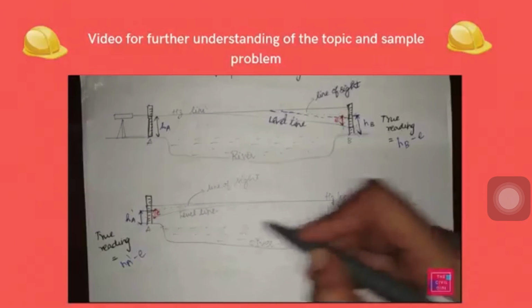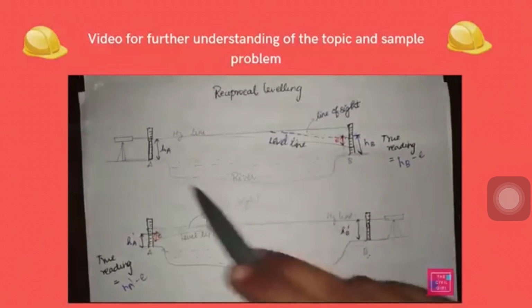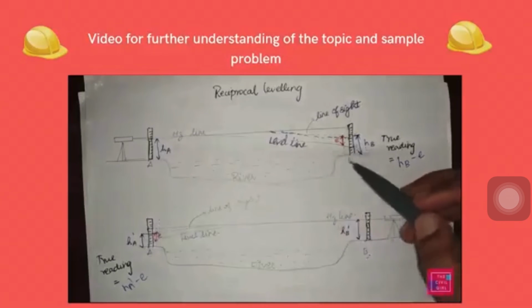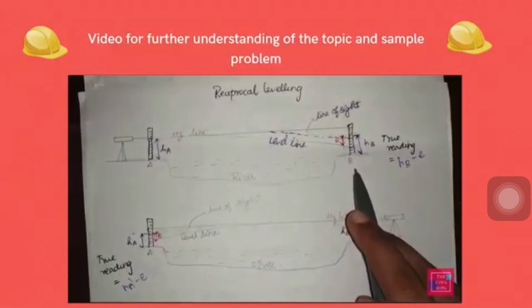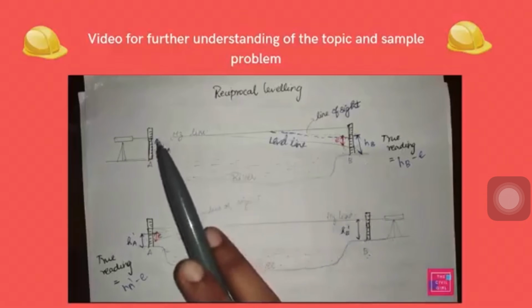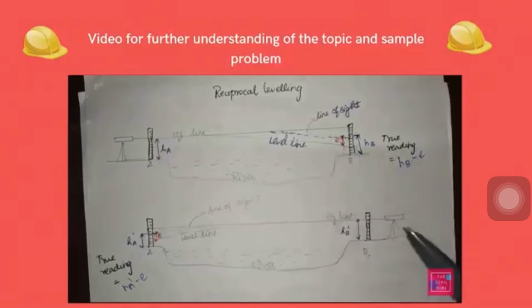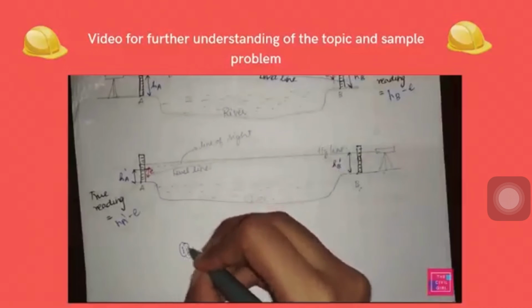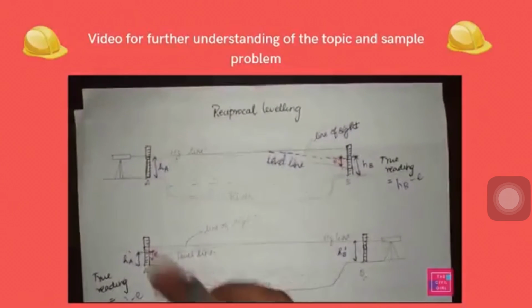So I have to find the level difference between these 2 points. From that I can find the RL of this. In order to find the level difference, we have to simply subtract the staff readings. So for the first case, it is HA minus my true reading.